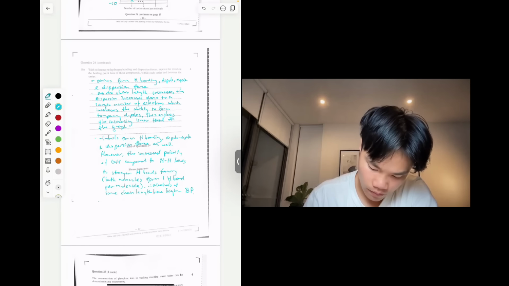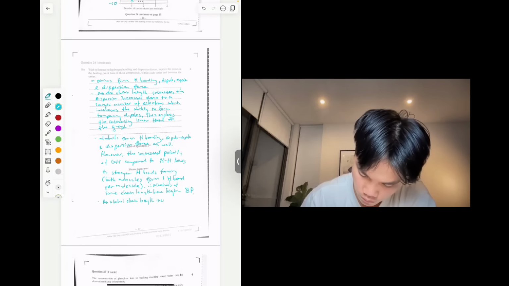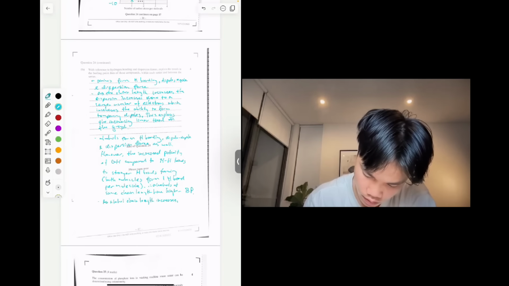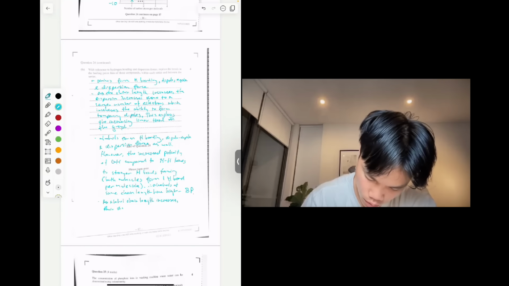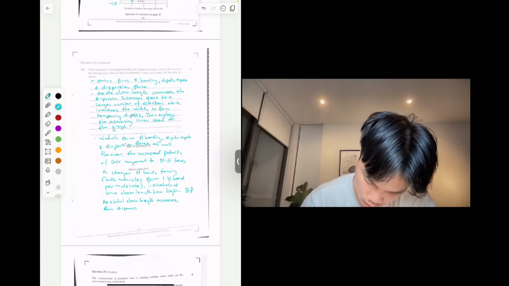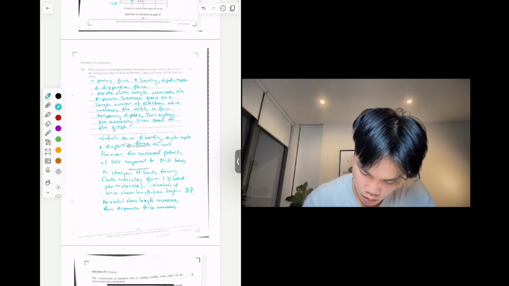Then you would say, as alcohol chain length increases, the dispersion force similarly increases.